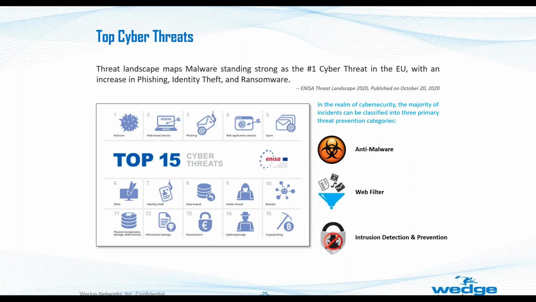If we categorize them, these top 15 cyber threats can essentially be classified into three main threat protection solutions: anti-malware, web filtering, and intrusion detection and prevention. So please look at these three solutions.